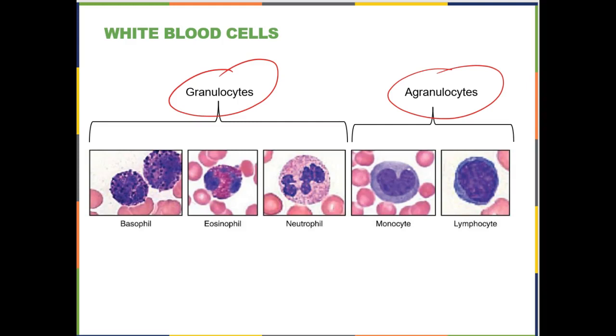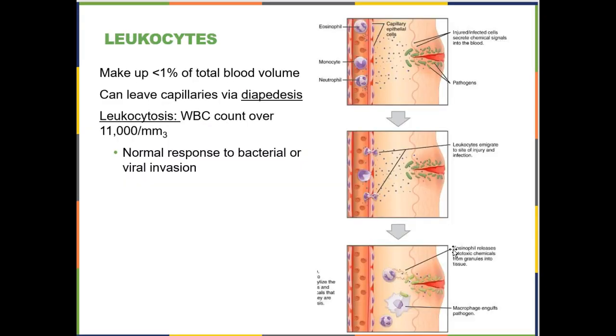Granulocyte means that the cells have clumps of protein in the cytoplasm that we call granules, and then the monocytes and the lymphocytes do not have granules, so we call them agranulocytes. And you're going to see that the three granulocytes are named for the kind of stain that their granules absorb.